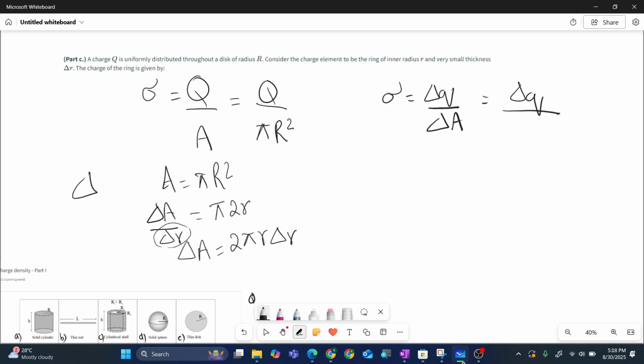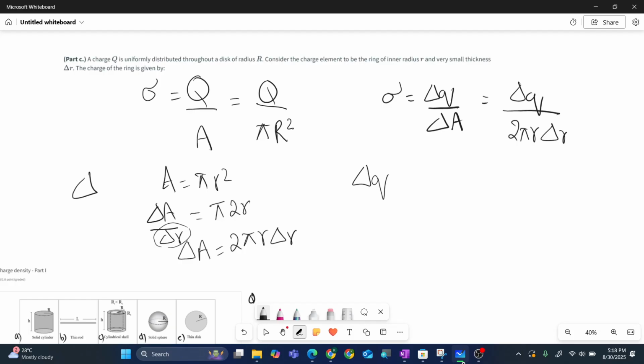Sorry, the formula uses small r, not the big R here. Big R comes after putting the limits. So delta A is 2 pi r delta r, and I'm going to put these equal to one another since both of them are equal to sigma: delta q over 2 pi r delta r equals Q over pi R squared.